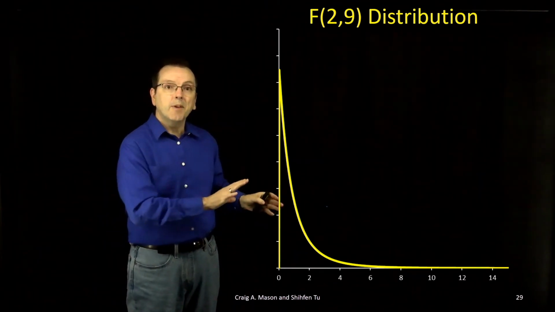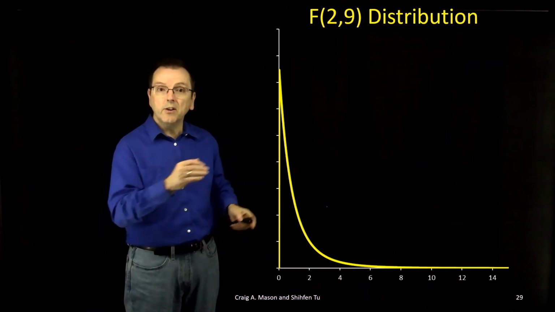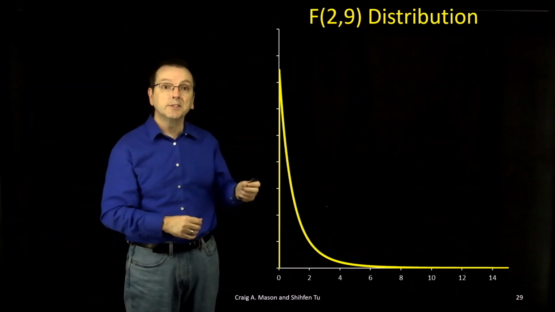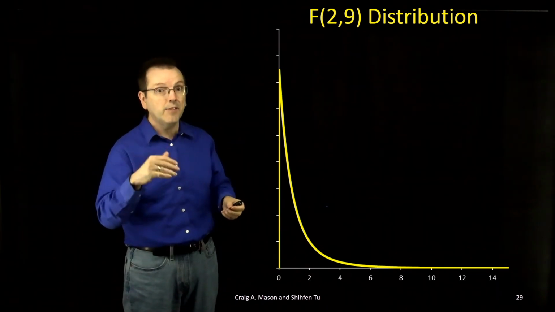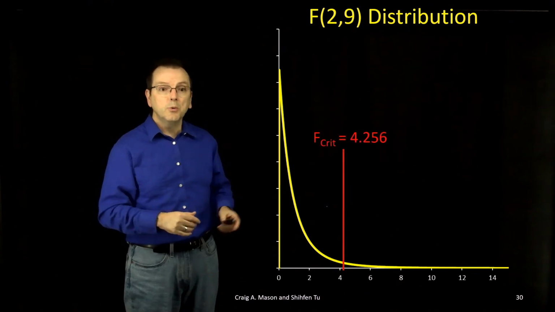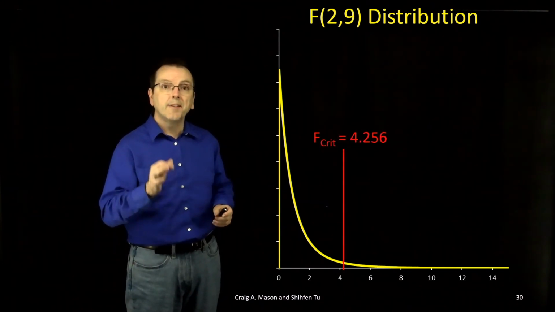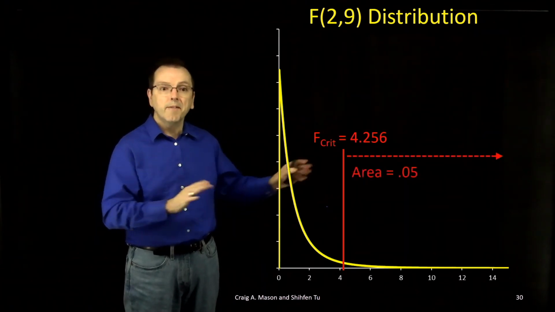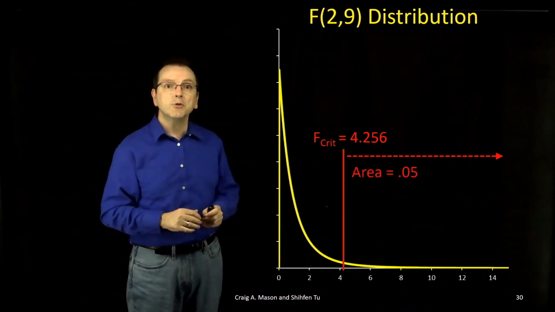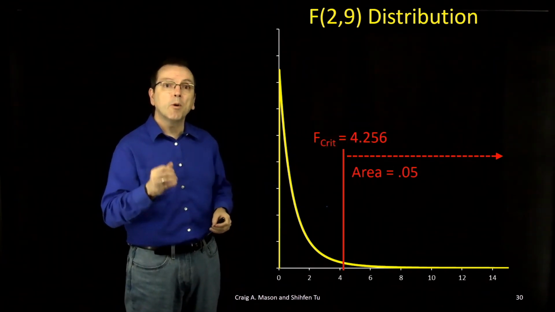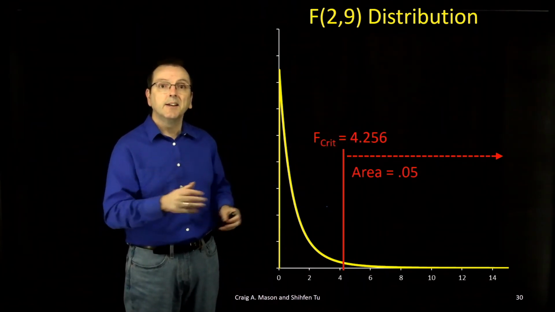So now if we look up the critical F score for an F distribution with 2 and 9 degrees of freedom based on our alpha of 0.05, we'd find that that's equal to 4.256, which means that only 5% of the distribution is more extreme than an F score of 4.256.